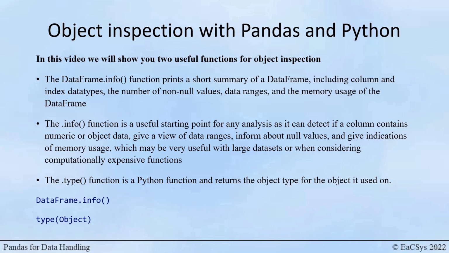The info function also provides info on index data types, columns, non-null values, and the memory usage of the data frame. The memory usage and the size of the data frame are extremely important numbers for many computationally intensive algorithms. The type function is a Python function which returns the object type of the object it is used on.